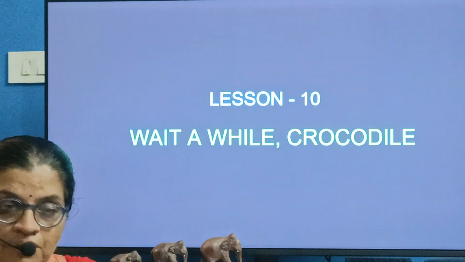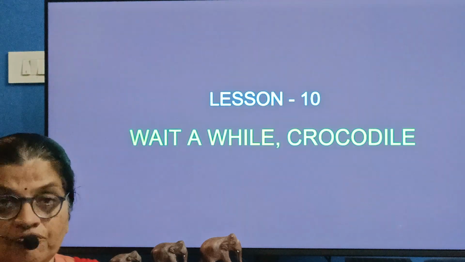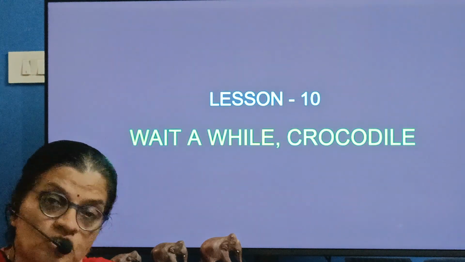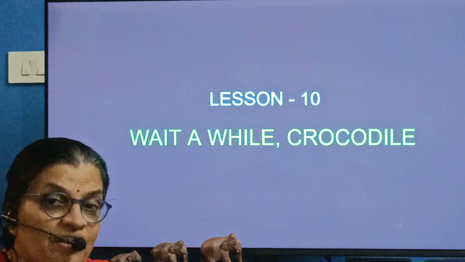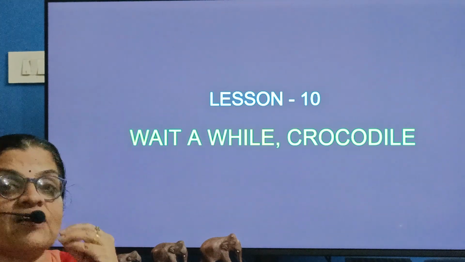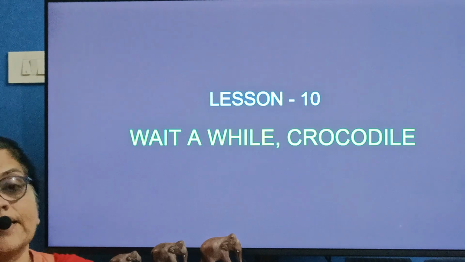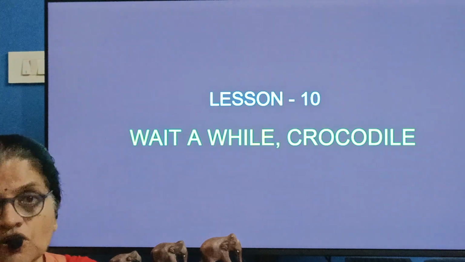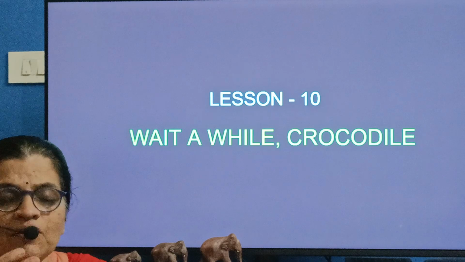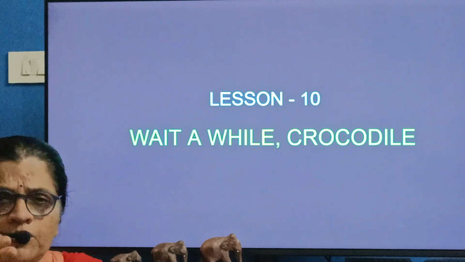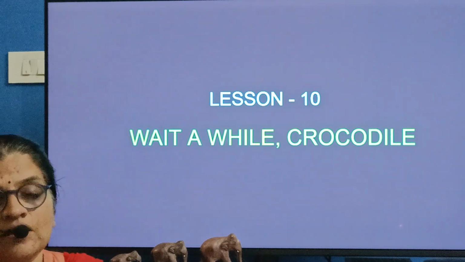Because we can't see, we can't identify. They like the bottom of the river. When they get the smell, when they see us, then only they jump and catch us. Understand? So they won't make any small ripple, any small movement in the water.